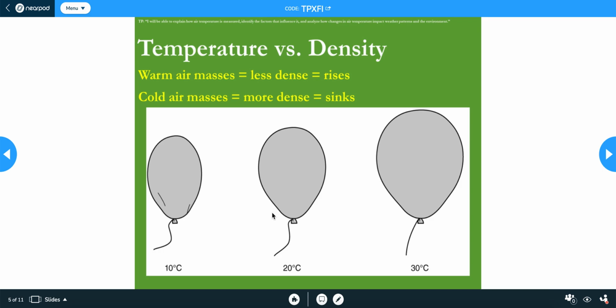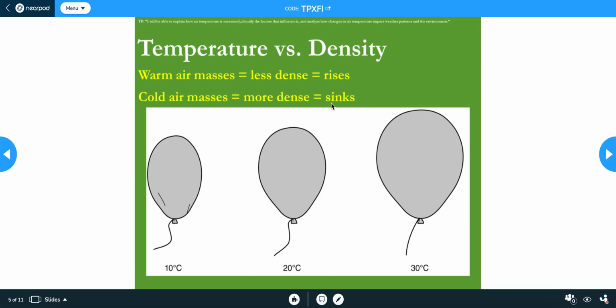So in a real life scenario, as a weather person, as a meteorologist, this person will say when these air masses collide, if a warm air mass meets a cold air mass, and that happens all over the world, especially in the United States, our warm air mass, because it has a lower density, will rise, and our cold air masses, because they have a higher and greater density, will sink.